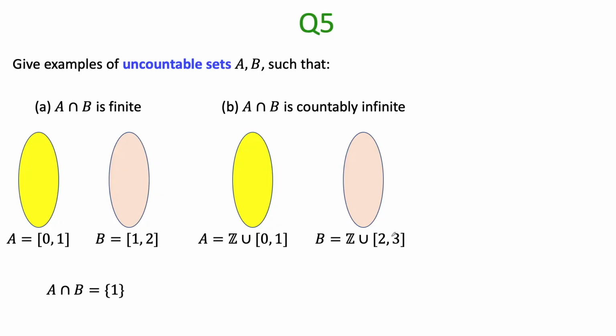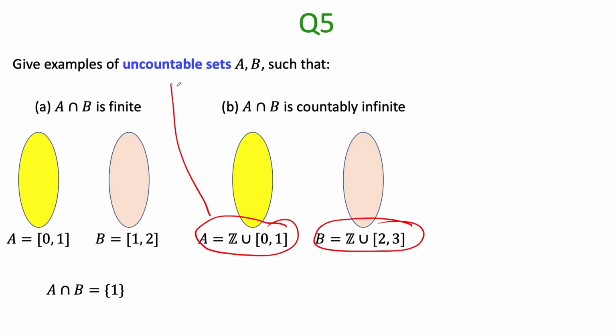Sorry, their cardinalities are not Aleph null. Sorry, my mistake. A is not countable. Its cardinality is not Aleph null, even though Z is part of it. Z is countable, but the set of all real numbers between 0 and 1, including 0 and 1, is not countable.